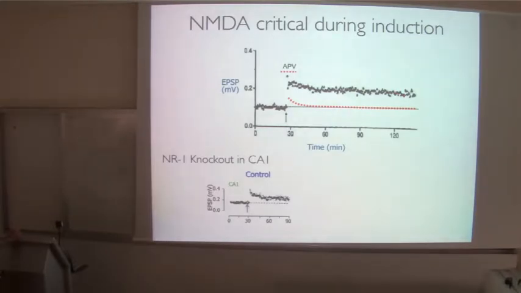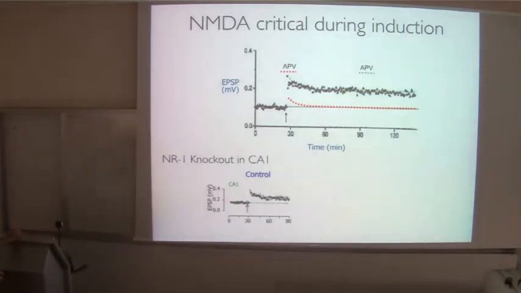Now you repeat the experiment, of course, on a different preparation. During the tetanus, you apply AP5, but only during the tetanus. What you get is that you don't get LTP. It goes back to baseline. So during the induction of LTP, you need the NMDA receptor.